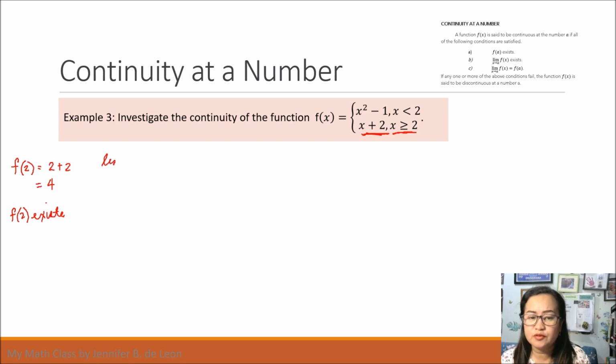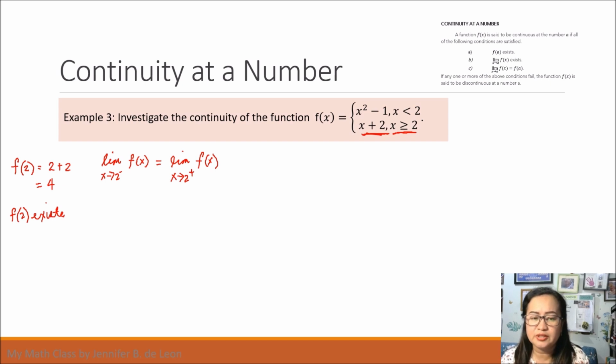We have to prove that the limit of f of x as x approaches 2 from the left is equal to the limit of f of x as x approaches 2 from the right.